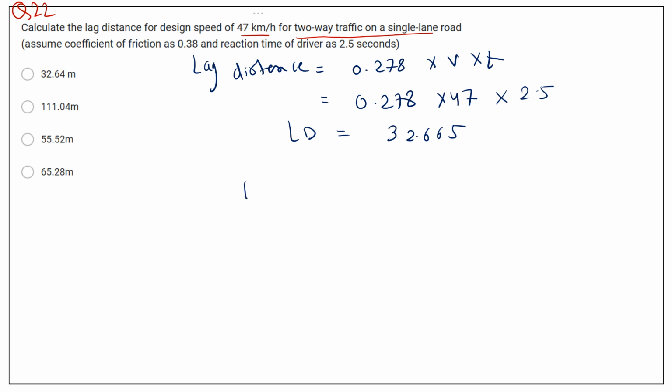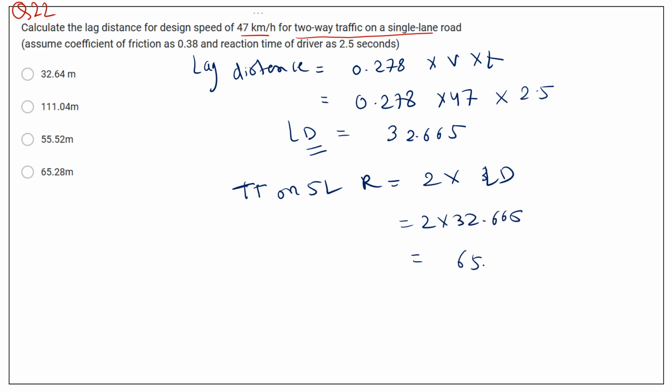Then in the question they mentioned two-way traffic on a single lane road. So for two-way traffic on a single lane road, this lag distance is doubled. So twice of this lag distance, 2 into 32.665, which is equal to 65.33.